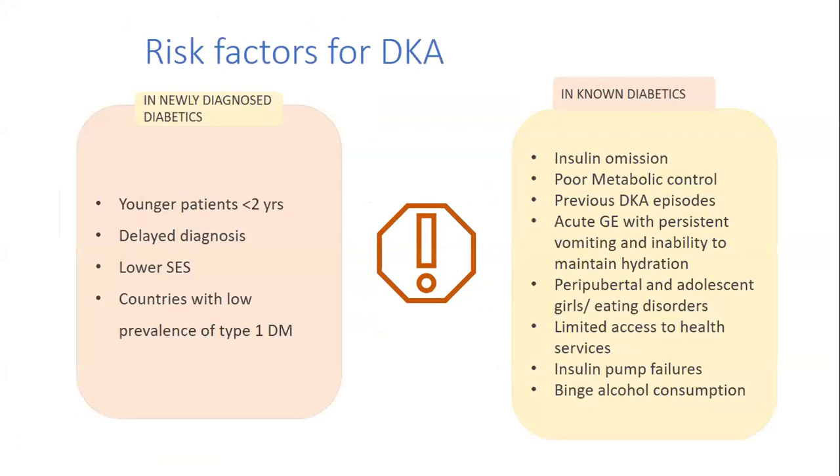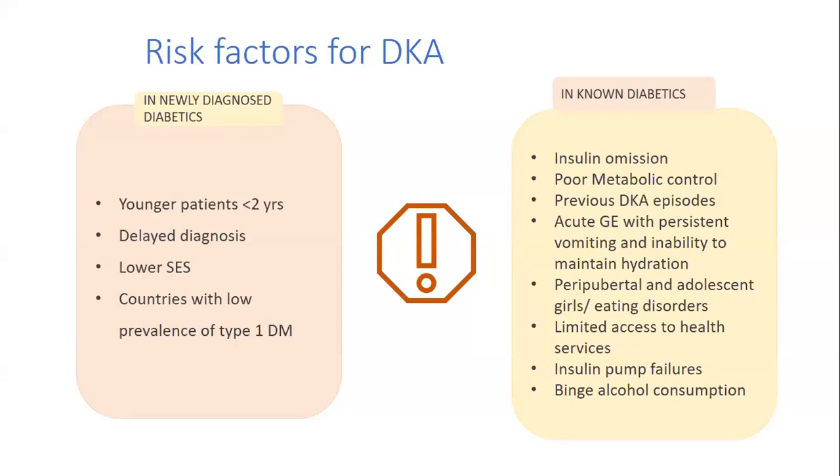So what are the risk factors for diabetes ketoacidosis? In the newly diagnosed diabetics, young patients who are less than 2 years are more likely to have DKA because most of their symptoms at presentation may mimic many other childhood illnesses.